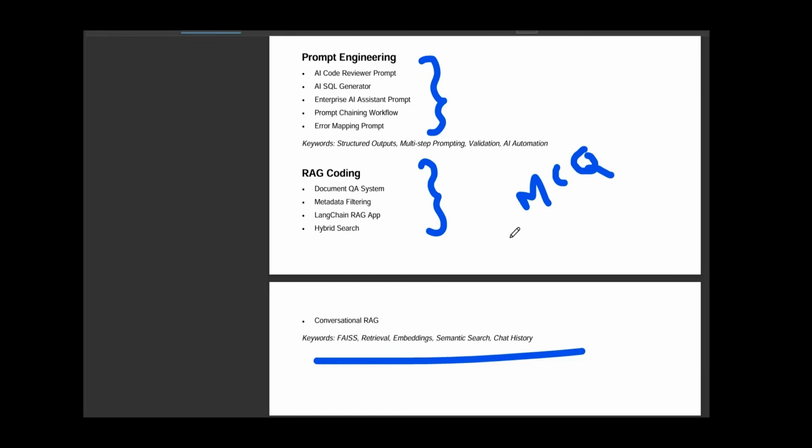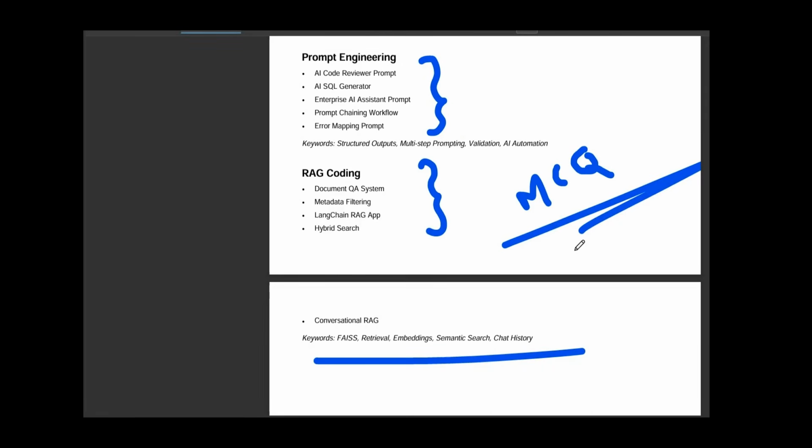Coming to the MCQs section, just focus on cloud fundamentals like IaaS, PaaS, SaaS, Docker, CI/CD, REST APIs, and the next topic is Gen AI, which means tokens, embeddings, hallucination, fine tuning, context window. Agentic AI topics include AI agents, tool calling, CrewAI, LangGraph, multi-agent systems.